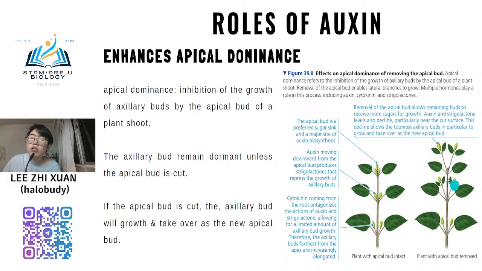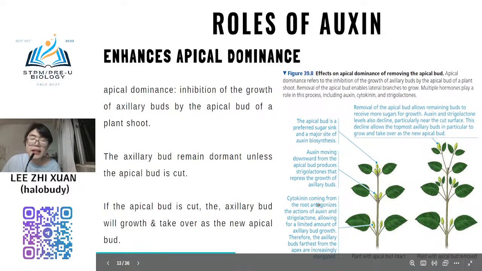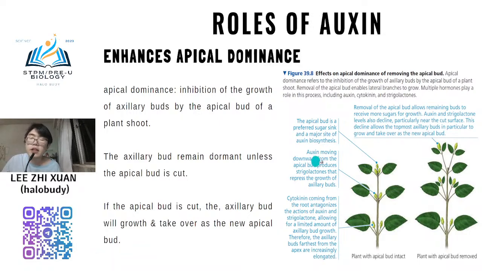So they will not grow. Not the apical bud, axillary bud, sorry. And then there is another hormone called cytokinin. Later I will explain it. But for now you need to know that auxin plays a major role in enhancing apical dominance, where it inhibits the growth of the axillary bud.